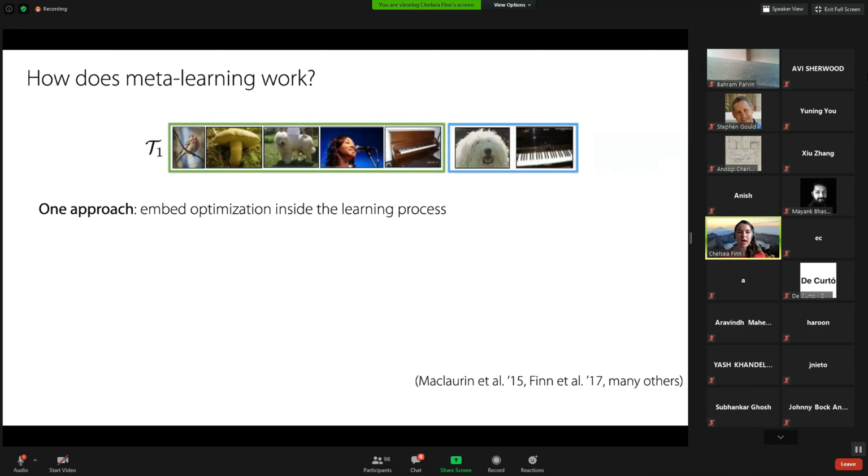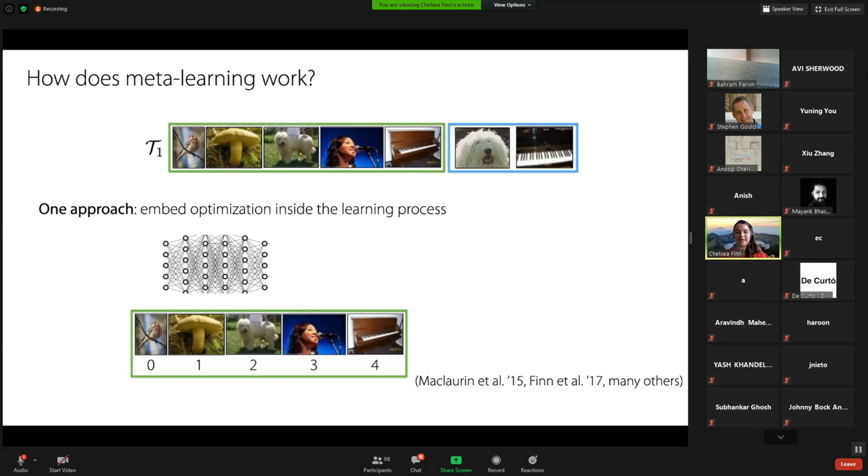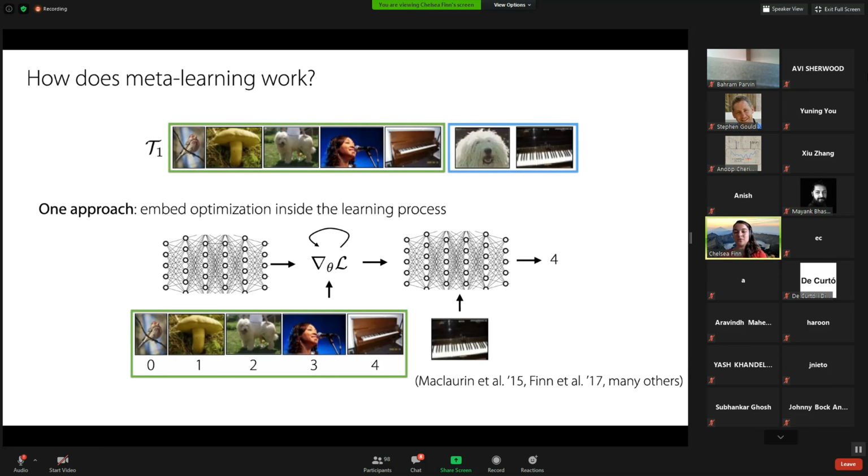And one approach that fits within the theme of this workshop is to embed a learning process, an optimization process, inside the process of learning from our small training data sets. In particular, we might start with some neural network, take our tiny training data set, run an optimization on this data set to get a new neural network, and then optimize this entire process such that when given a new image, you can output the correct label.